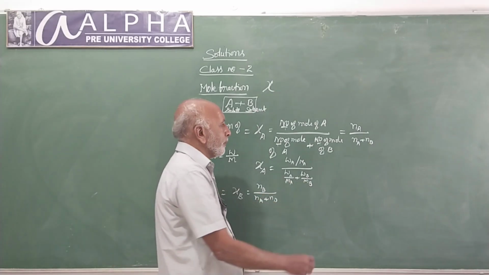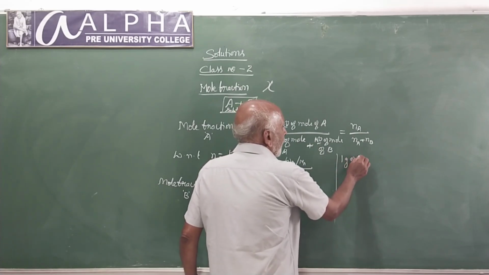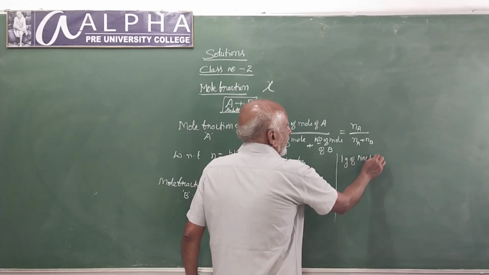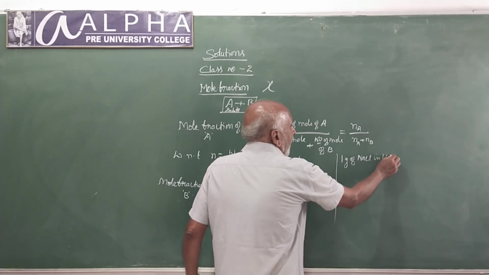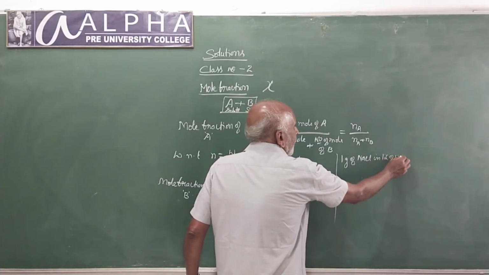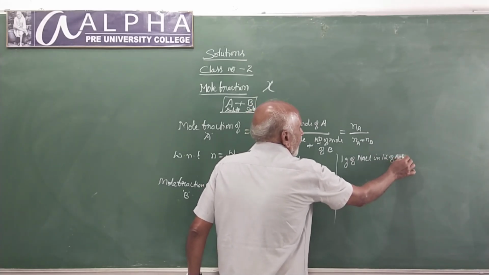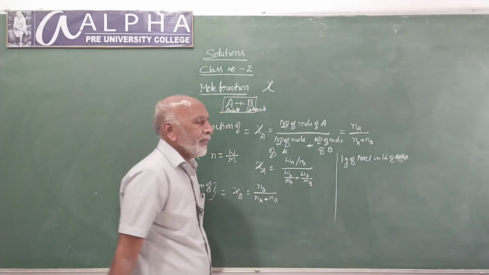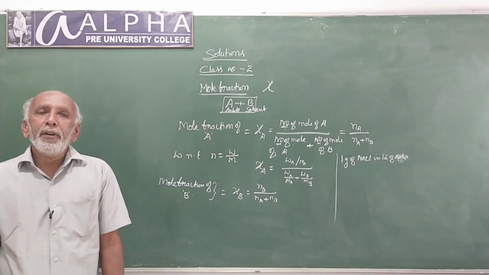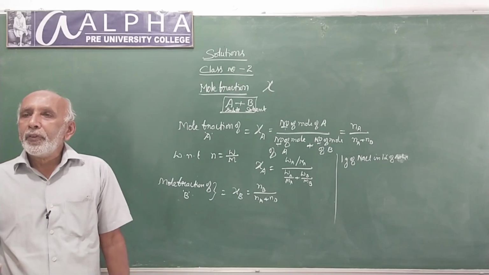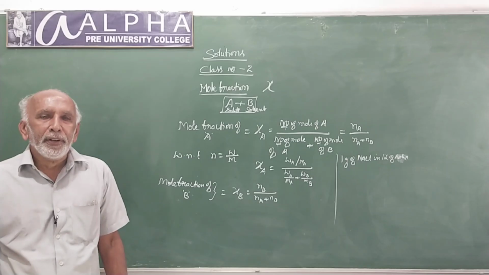For example, consider a solution prepared by dissolving 1 gram of sodium chloride in 1 liter of solution.